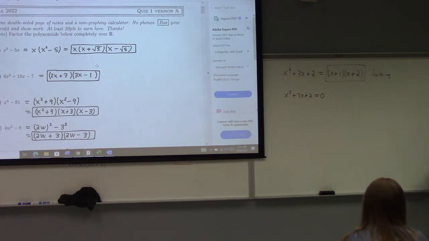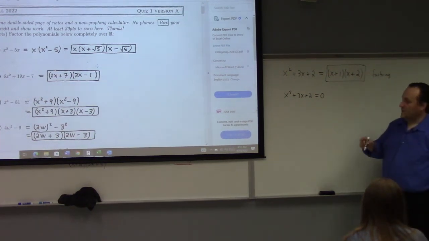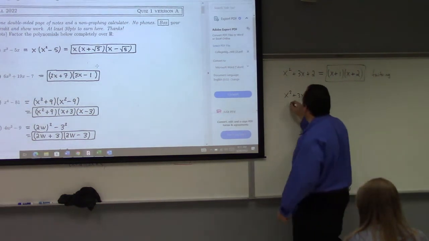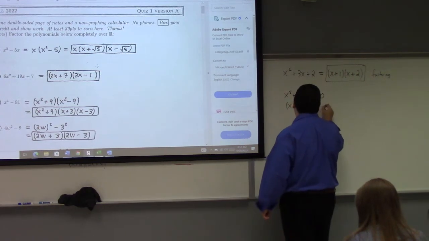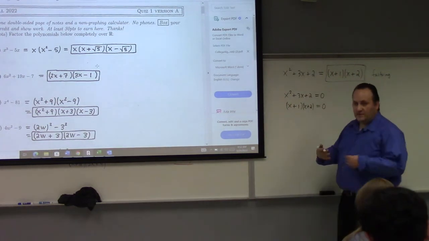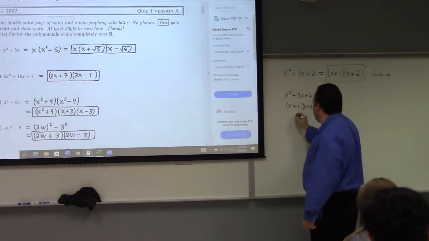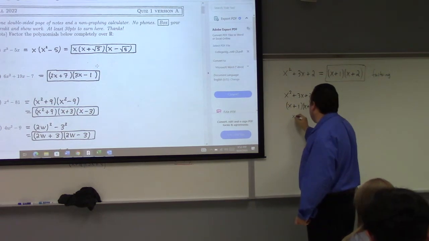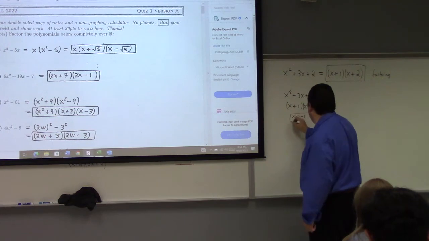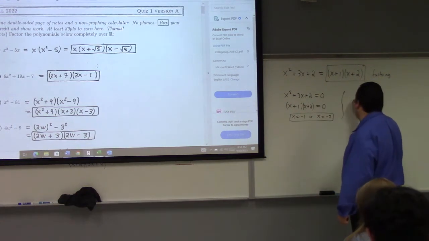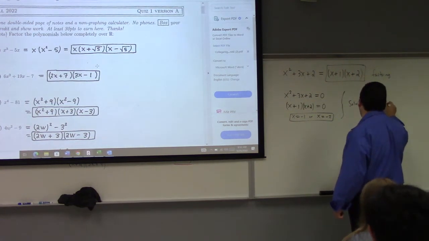Here, this is an equation. We factor the polynomial, we set it equal to 0, and then we use the zero property to say either x equals -1 or x equals -2. So this is solving x squared plus 3x plus 2 equals 0.